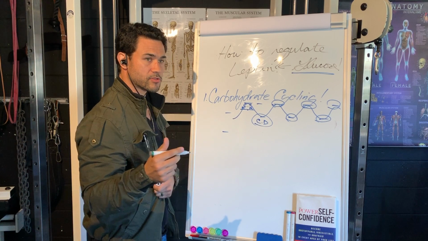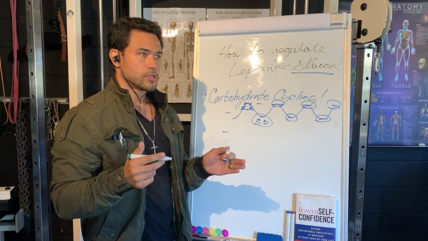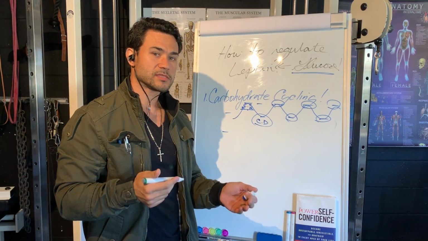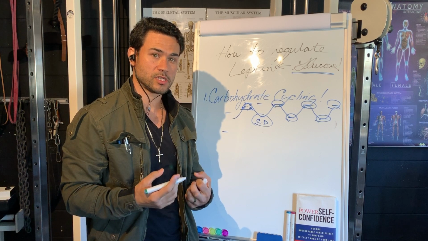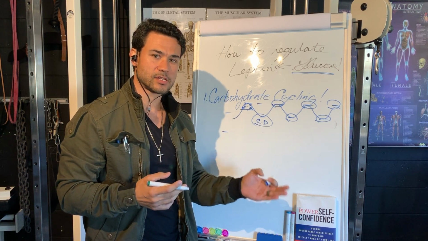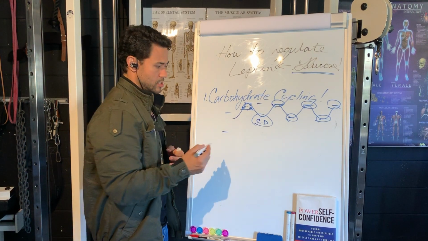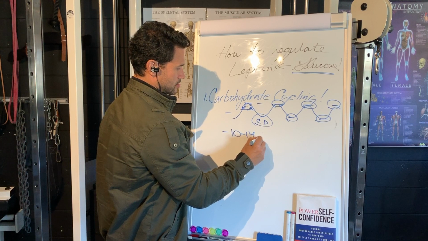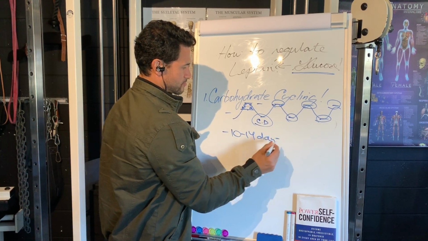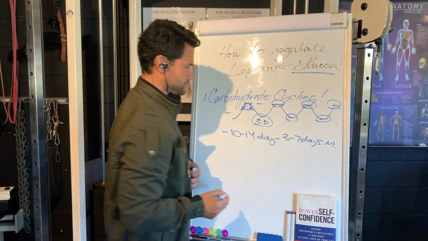The thing is that with clients who have a lot of weight to lose, you're putting them into a calorie deficit, but because they have so much adipose tissue to lose or so much stored energy, it's less likely they're going to adapt faster. So typically with overweight individuals, you can typically go, I'd say 10 to 14 days before you maybe give them 3 to 7 days at maintenance.